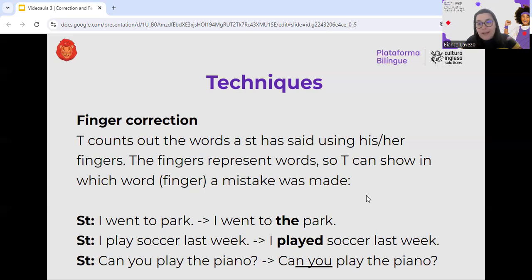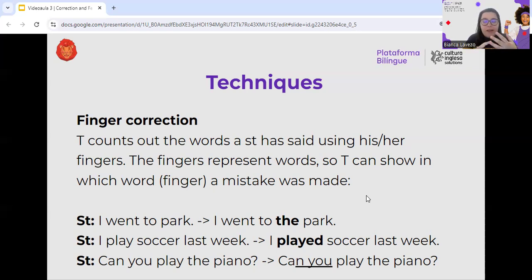This can be done for many different reasons. For example, think of number one. I went to park. If a student says something like this, there is a missing word. So you can show students, I went to park. And then you can say, what's missing? I went to park. And hopefully the student will say, the park, or they will identify that there is a word missing here, right?